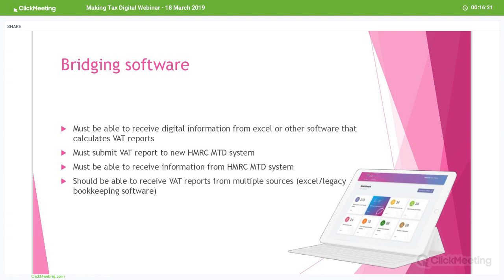And it must be able to receive VAT reports from multiple sources, e.g. Excel, legacy bookkeeping software, etc. So you've got a single point. If you've got clients on a different product, different spreadsheets, etc., you've got one product, one place you can pull all that information together and manage the submission process to HMRC.